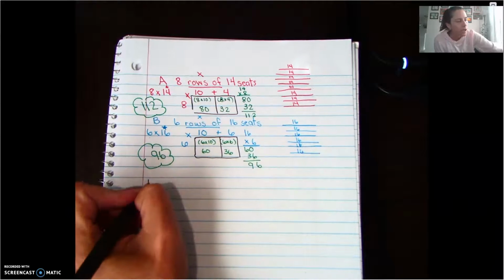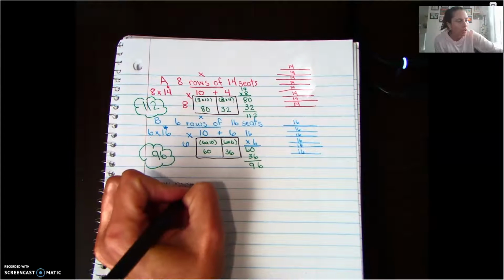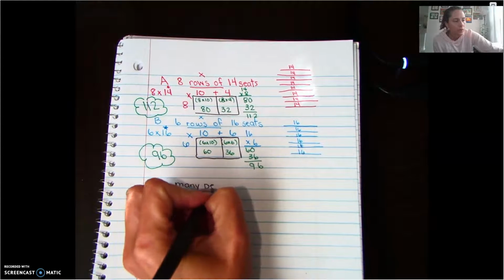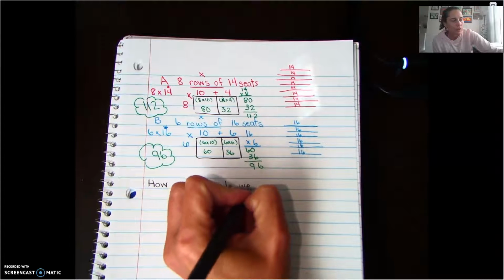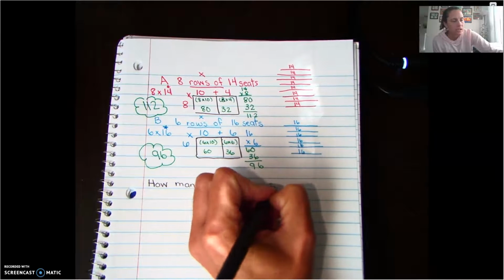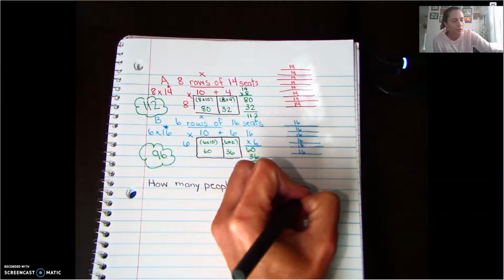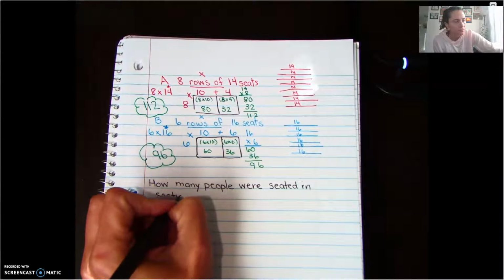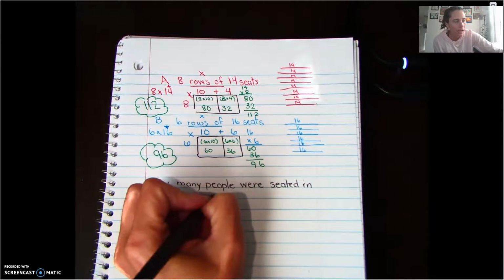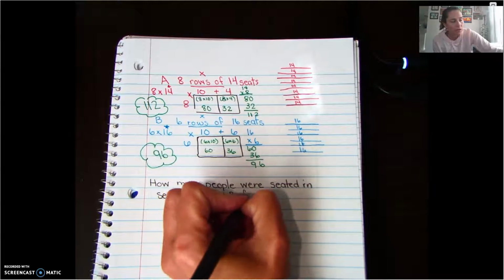Now, my question was, how many people were seated in sections A and B for the last show?